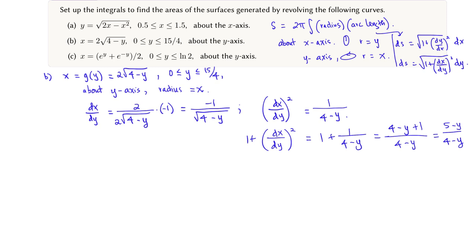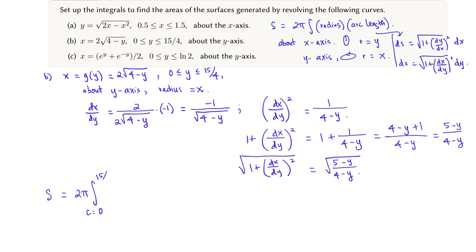Now this is the argument underneath the square root. The square root of 1 plus dx over dy squared is now the square root of 5 minus y over 4 minus y. Now using the surface area, it is the integral of 2 pi times the radius, but the radius is x in this case because we rotated about the y-axis.